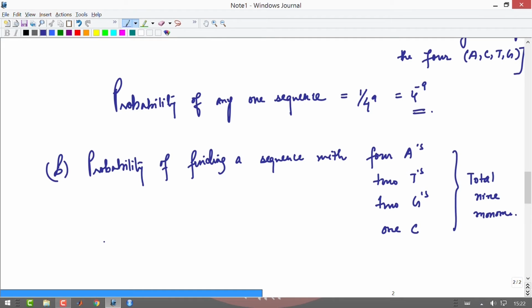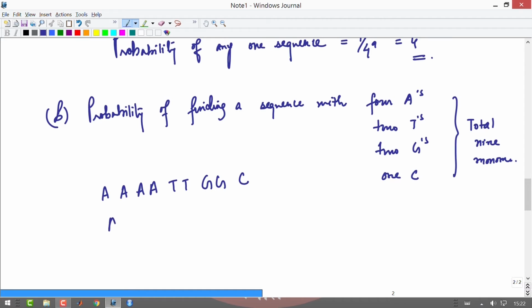So, basically you can take 4 A's together, then you can take 2 T's together, then 2 G's together and 1 C. But you can also have 3 A's together, then you can put 1 T, 1 G and put another T, another G, 1 A and C, and this way there are many sequences.